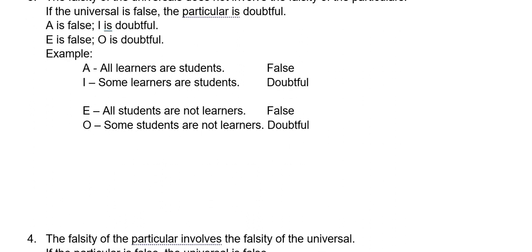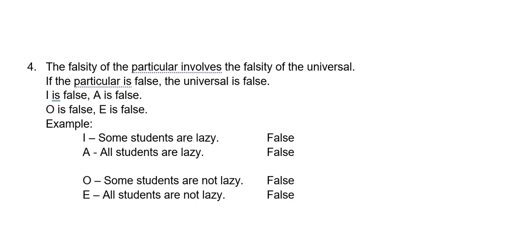And the last rule, the falsity of the particular involves the falsity of the universal. If the particular is false, the universal is also false. So that if I is false, A is false. If O is false, E is also false. Example, if I is false, such as some students are lazy, then it is necessarily false that all students are lazy.